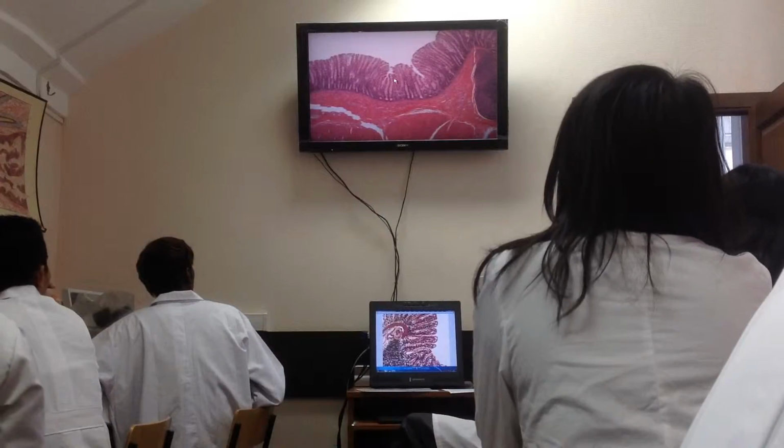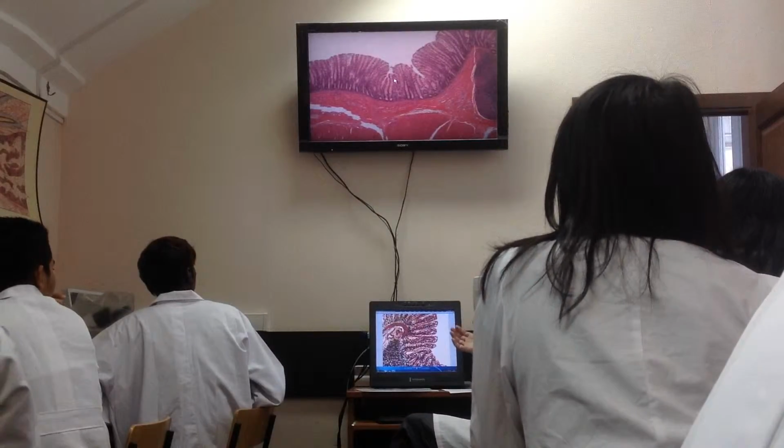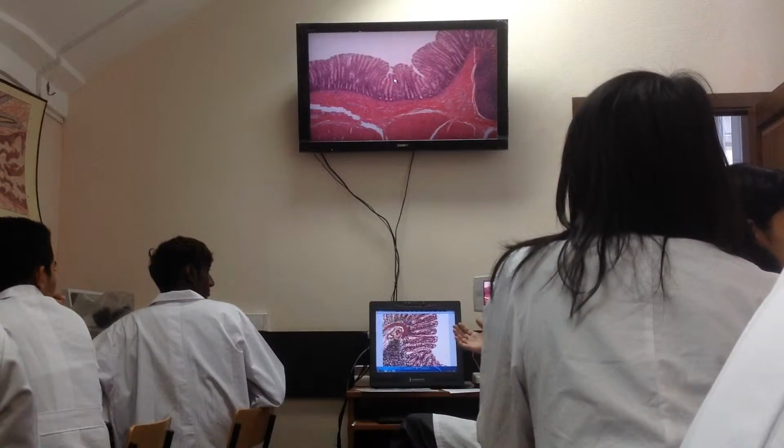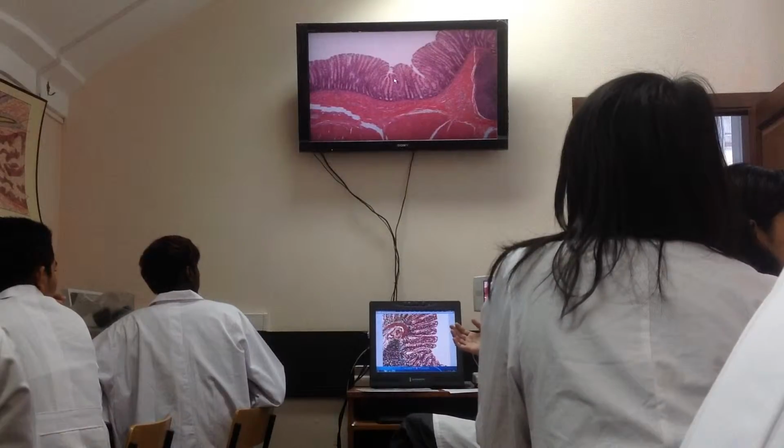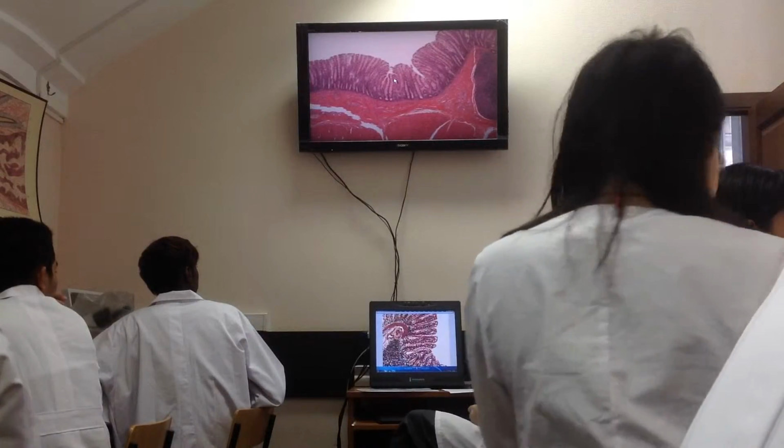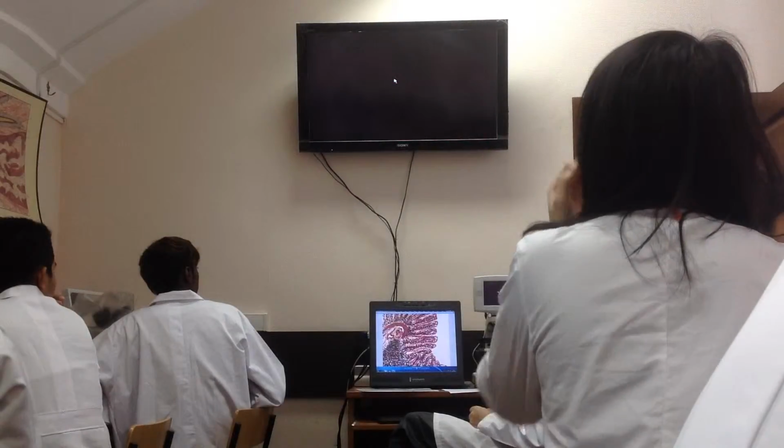Small intestine. A large intestine is large because it has crypts. Only crypts.